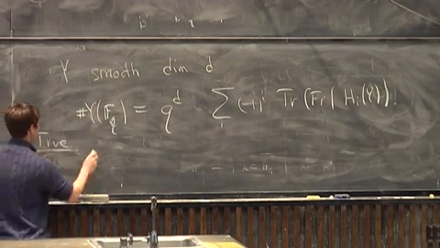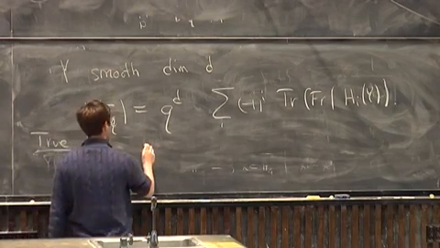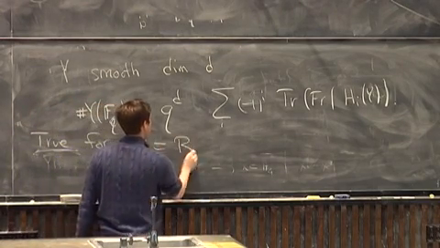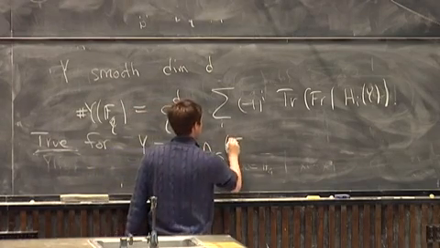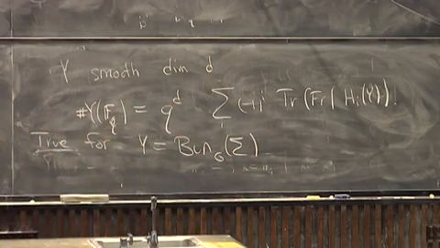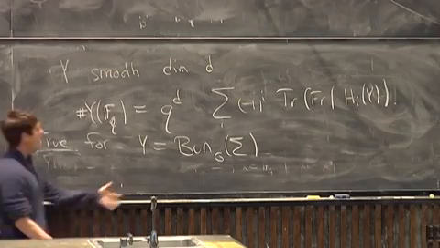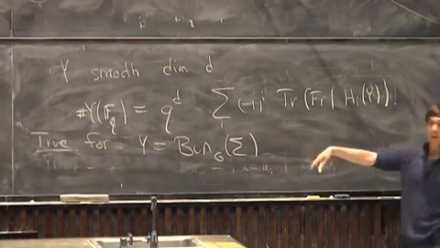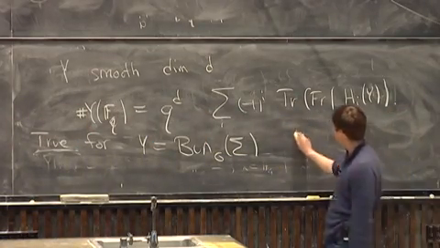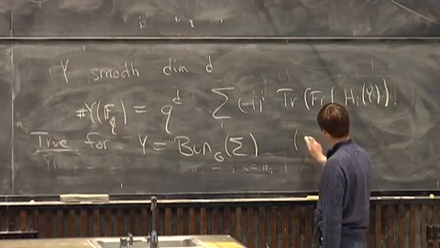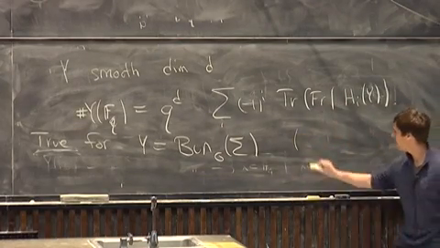And now let me mention this is also true if you replace Y by this thing I called Bun_G, which remember is not quite an algebraic variety. So this is not a formal consequence of the usual Grothendieck-Lefschetz trace formula, but in this case, this was proven by Kai Behrend in his thesis.